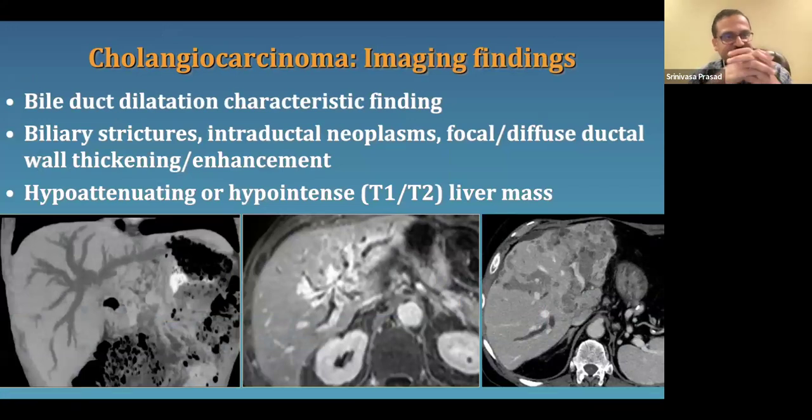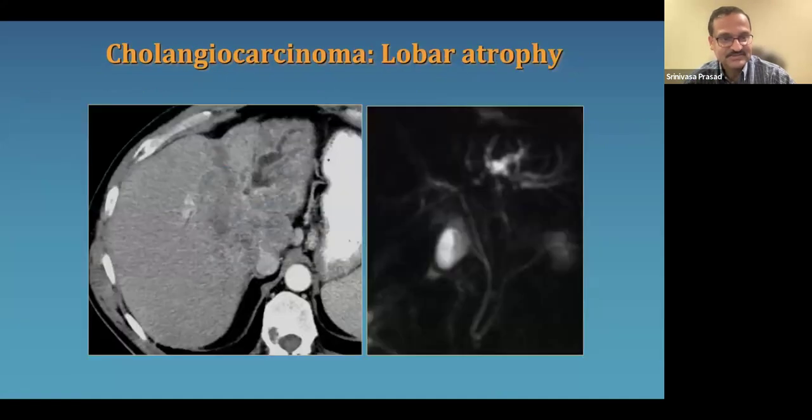The classic presentation is either a malignant stricture with subsequent upstream ductal dilatation. One can have a variety of manifestations based on the subtypes I mentioned, either periductal or intraductal. You can have high signal within the dilated ducts, suggesting the presence of tumor within the dilated ducts.